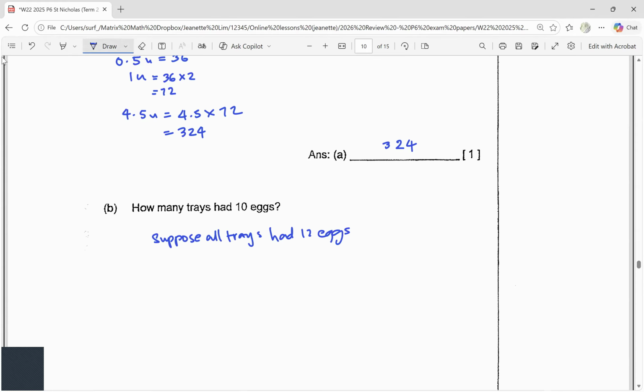This is the usual supposition method, okay? Not the penalty one. So if you want to find 10 eggs, you start with 12 eggs.